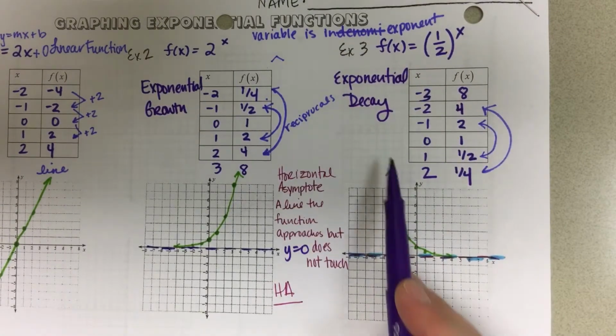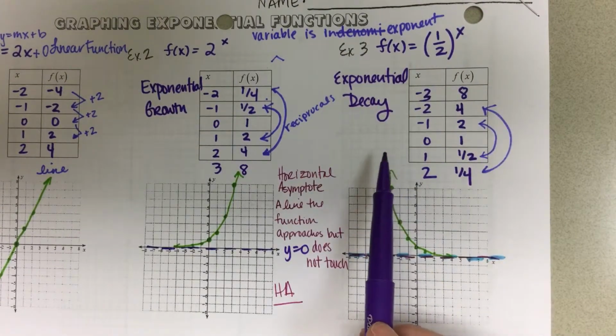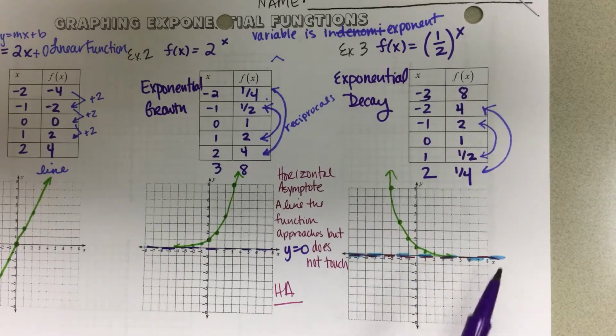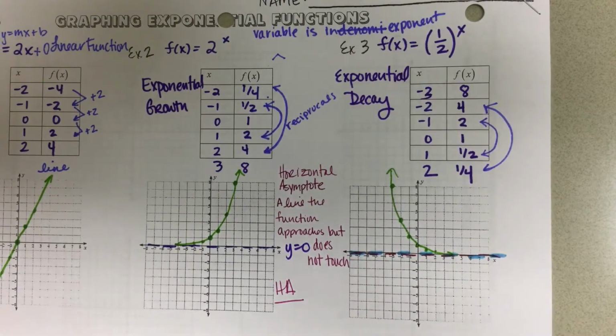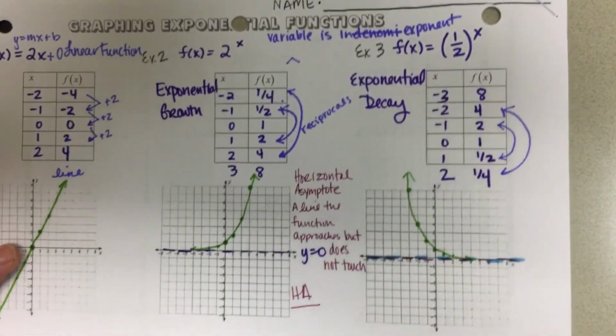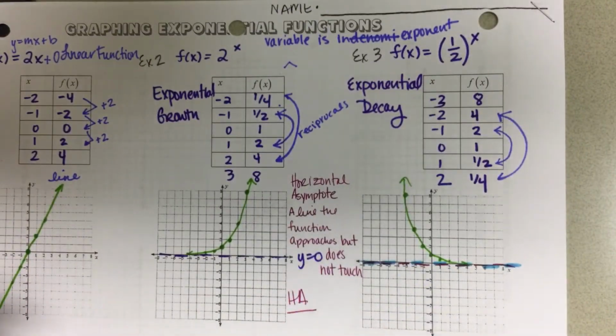I start off with some really large values, but as my x's are increasing, my y's are decreasing. So these graphs are the basic graphs of exponential functions. What we're going to do next is we're going to look at how to shift these and find some other characteristics of them.